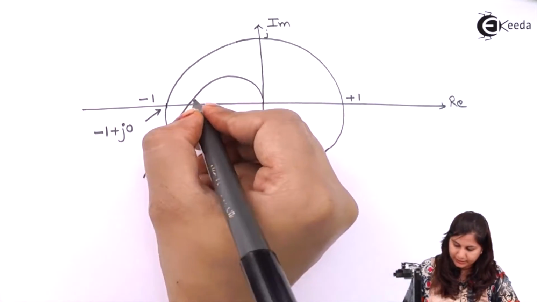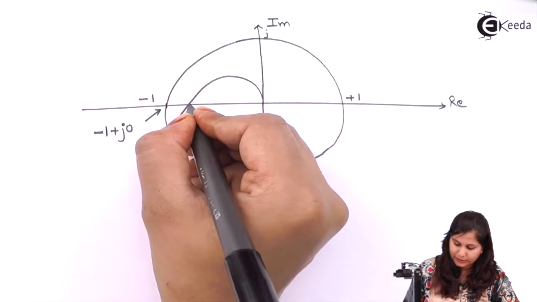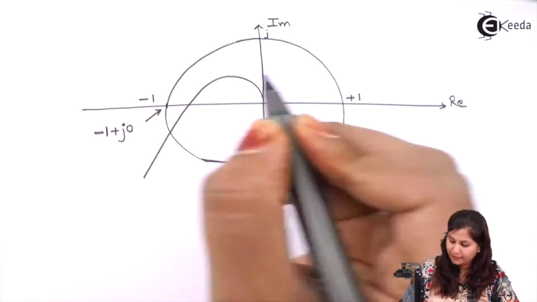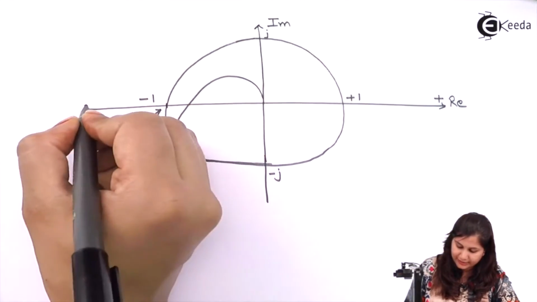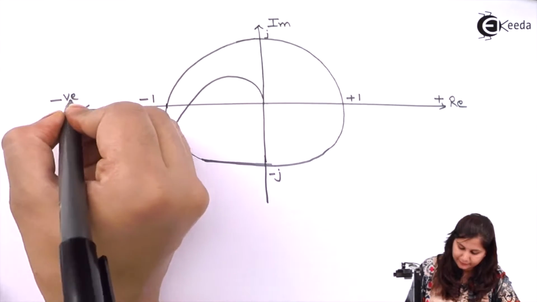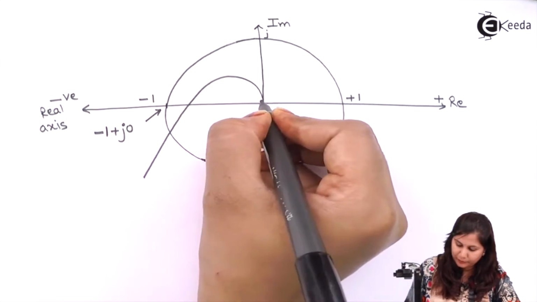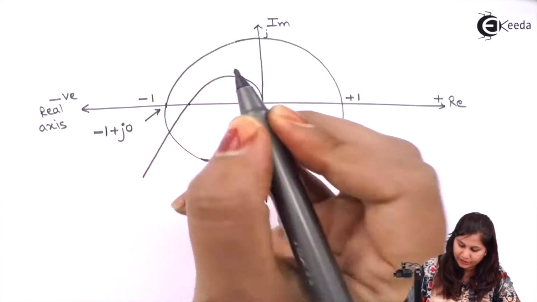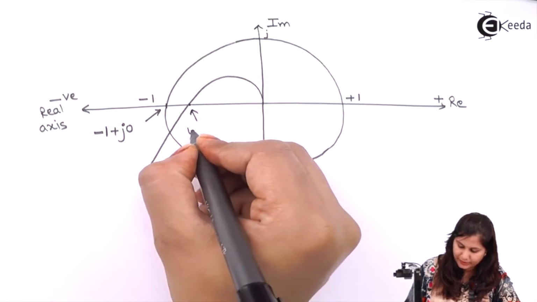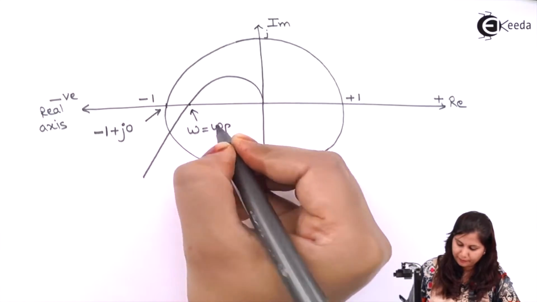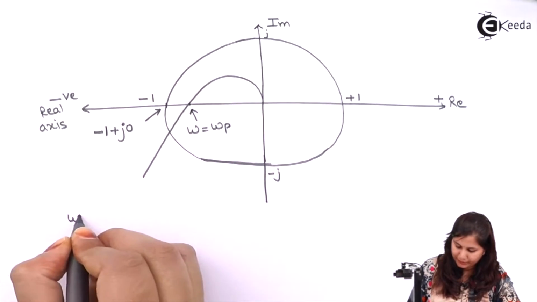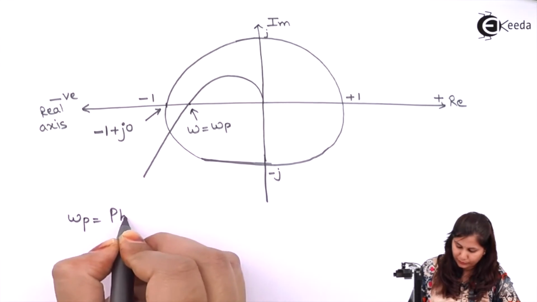Now, this polar plot is crossing the negative real axis, because this is the positive real axis and this is the negative real axis. The polar plot crosses the negative real axis at a frequency ω equals ωp, and ωp is the phase crossover frequency.